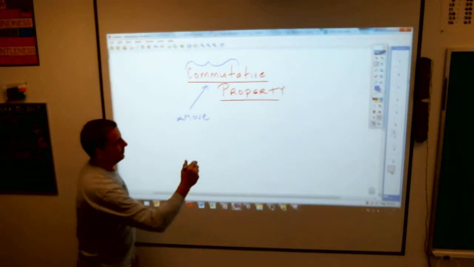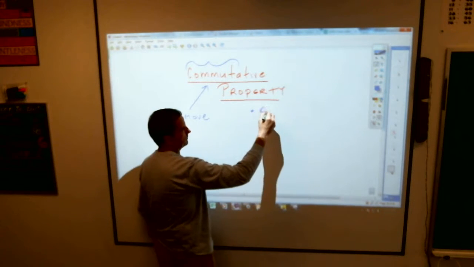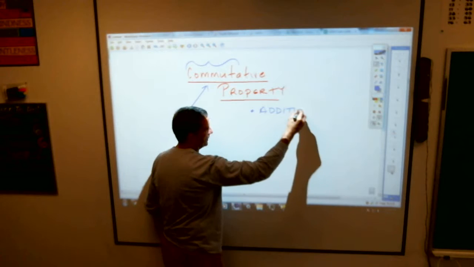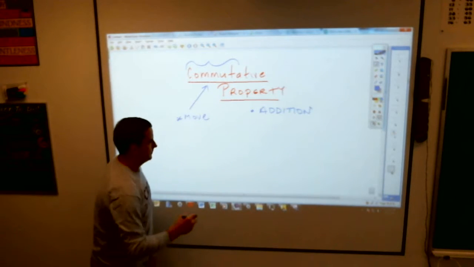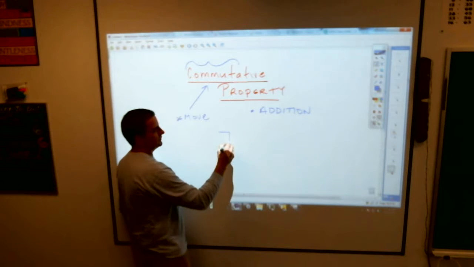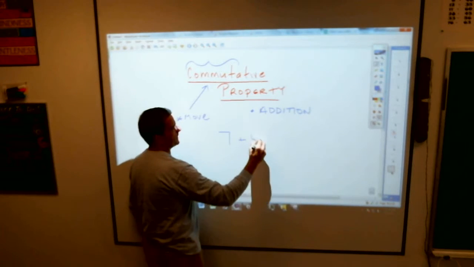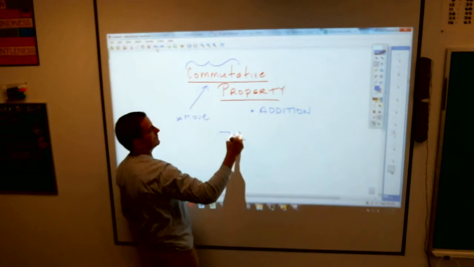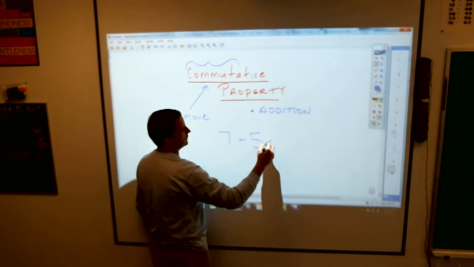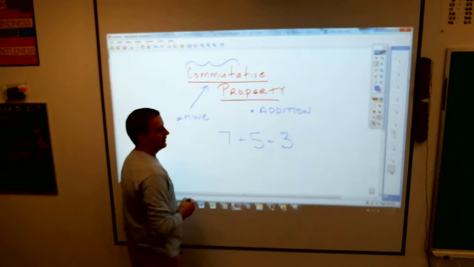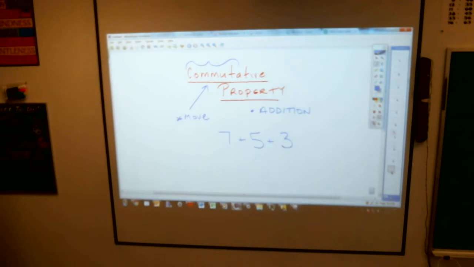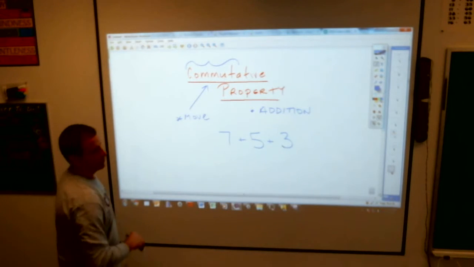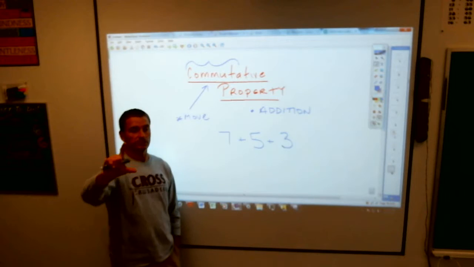And the commutative property, when you talk about it with addition, is a good one for you because it is the reason that if you have this addition problem, 7 plus 5, wait, I'm going to rewrite that, sorry. 7 plus 5 plus 3. If you were doing that problem, I'll bet your teachers have taught you, rather than doing 7 plus 5 is 12 and then adding 3 to it, what are you always told to do when you're adding long lists of numbers together?